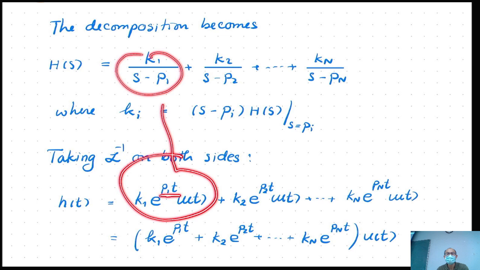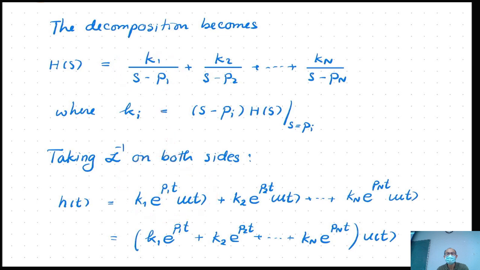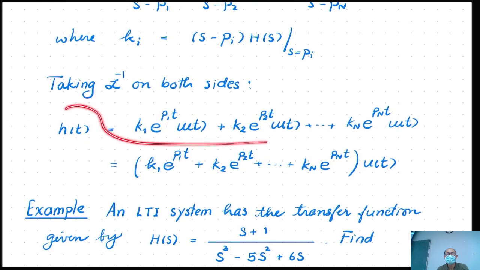And don't forget about the unit step function, because all of them start at time 0. Then we add them together using the linearity of the Laplace transform, and we get the inverse Laplace transform of H. So this is the simplest case, the easiest case.